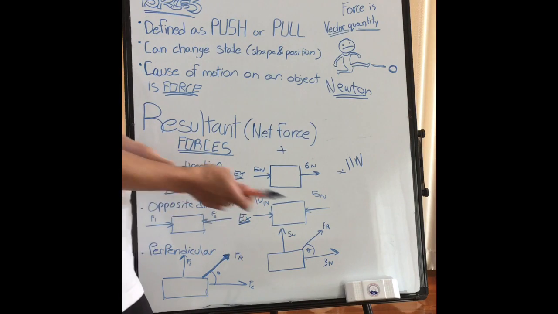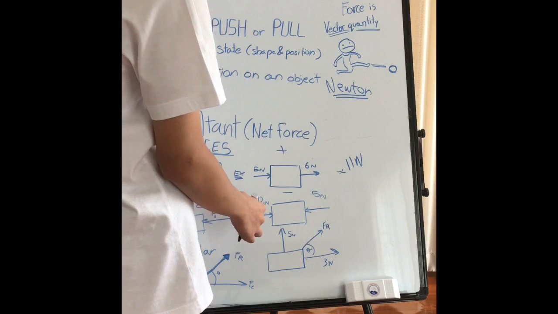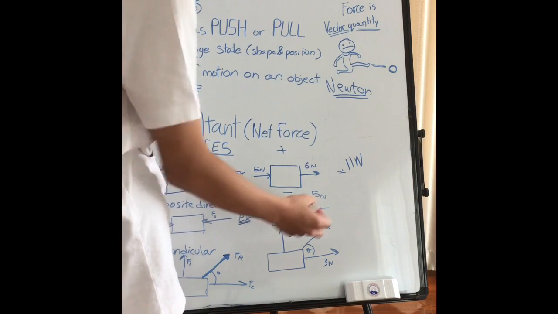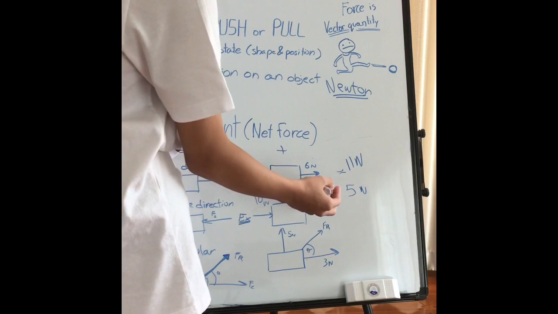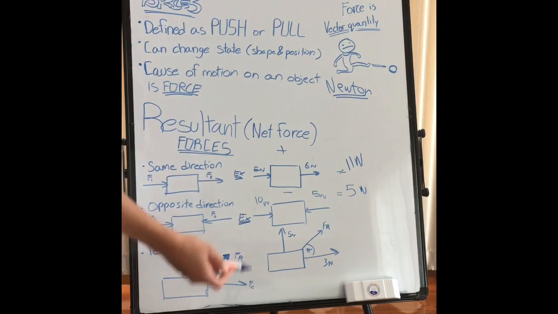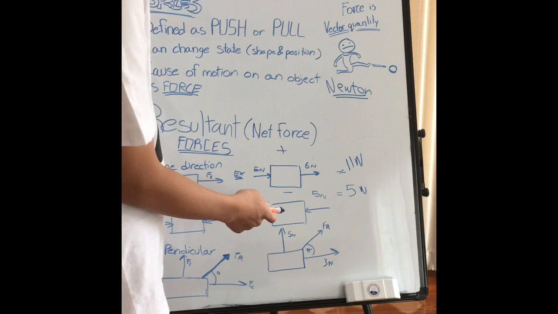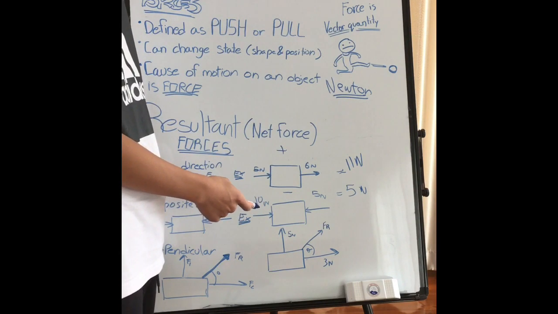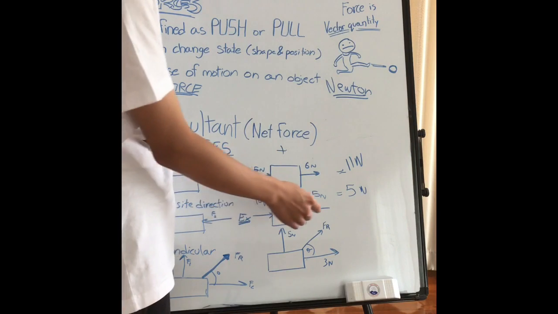We need to subtract, so 10 Newton minus 5 Newton is 5. So we get a resultant of 5. And you look again at which has the greater force. So 10 has greater force than 5.